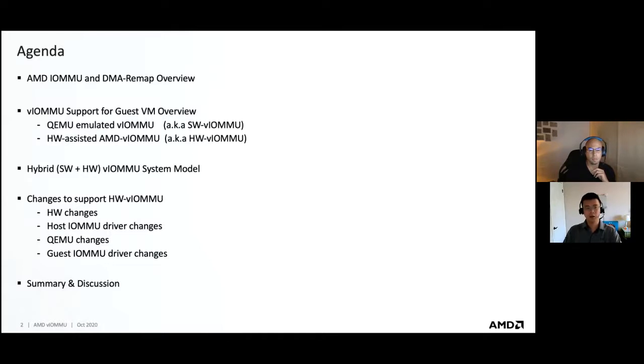And the second one is the core of today's presentation, a hardware-assisted AMD VIOMMU. In the rest of the presentation, Suravee will talk in detail about the hardware changes for AMD VIOMMU and also the software changes in different system software components we are proposing. At the end, we'll open up the summary and the discussion.